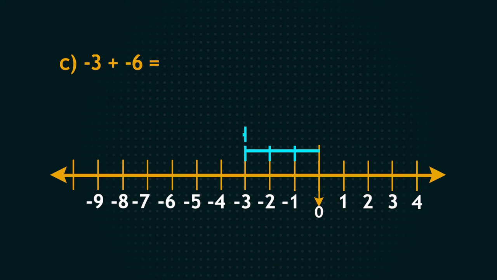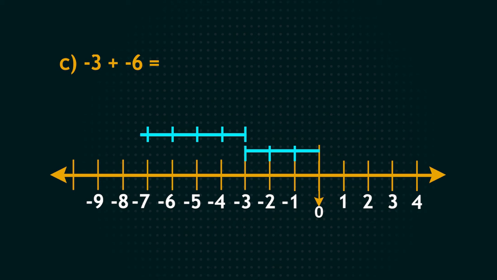So from negative 3, we can make one more step. The first step from negative 3 will put you at negative 4. The second step will put you at negative 5. The third step will put you at negative 6. The fourth step will put you at negative 7.